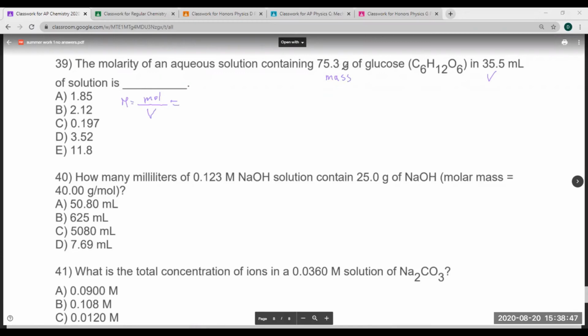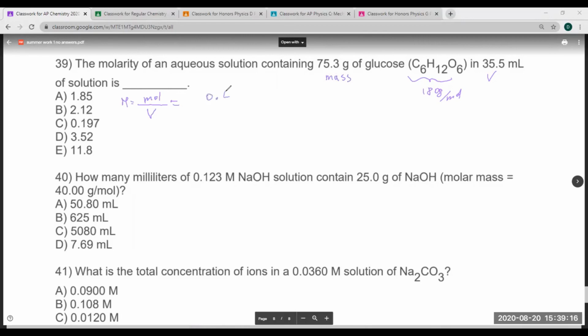So how much is the molar mass for the glucose? It is 6 times 12 plus the 12 of the hydrogen plus the 6 times 16. So you have a mass of 180 grams per mole. So this means that this many grams corresponds to 0.42 moles.